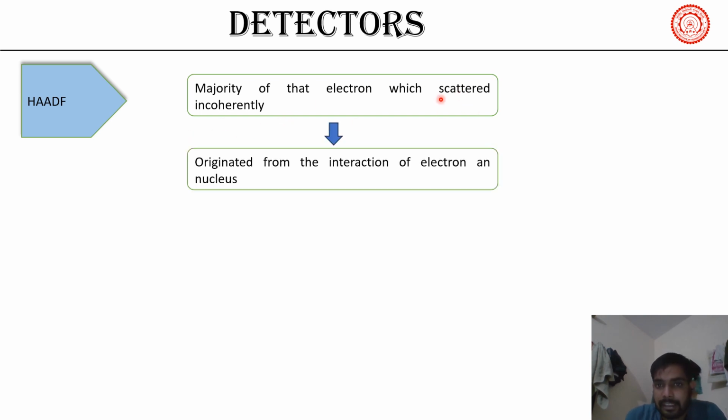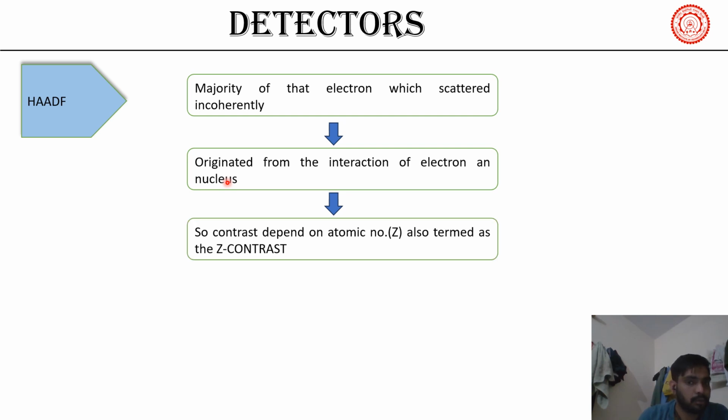These electrons originate from the interaction of the electron and the nucleus. So contrast depends on the atomic number also. HAADF imaging is therefore also termed Z contrast, because it collects the electrons which originate from the interaction of the electrons and the nucleus.